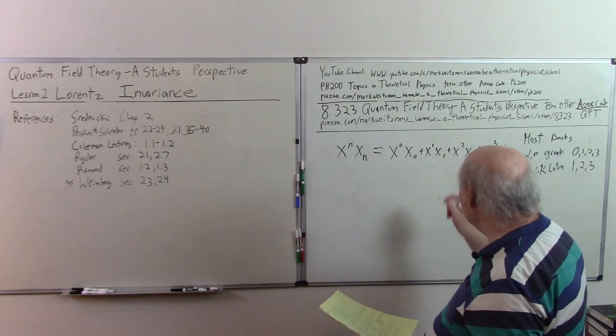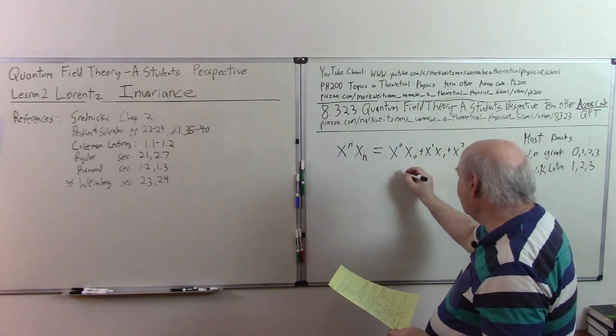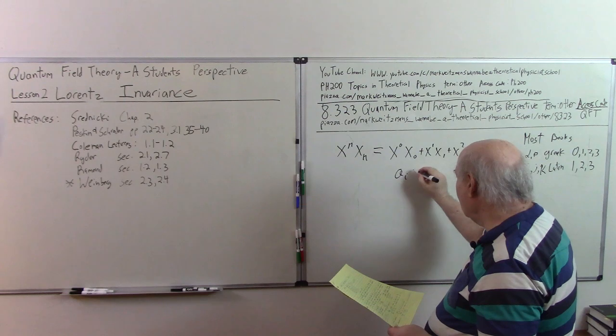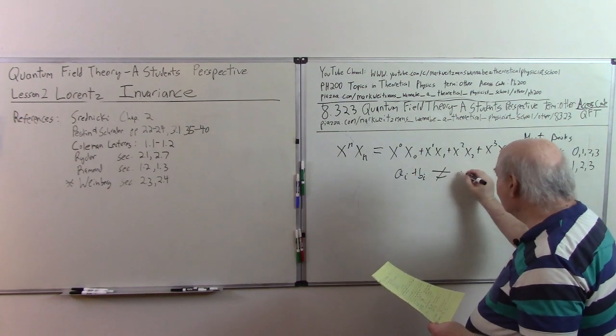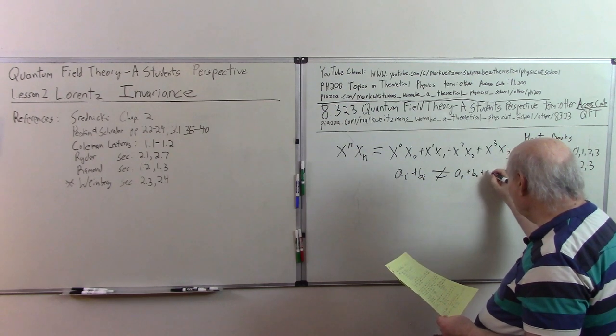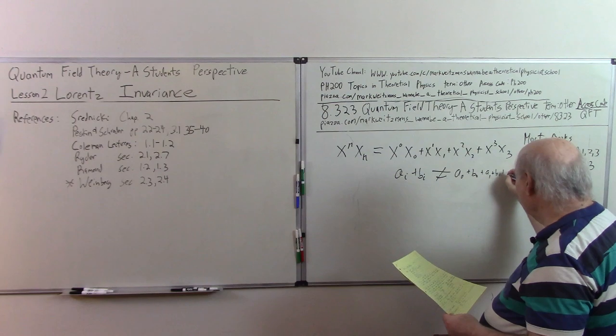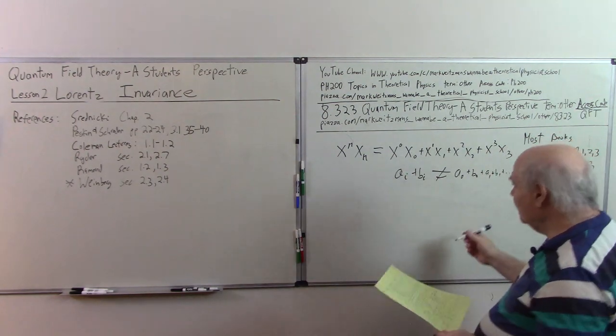And then finally, this applies really just to product terms. So something like A_i plus B_i, that's not equal to A0 plus B0 plus A1 plus B1, and so on. It only applies to products, and it applies to each term in a product.